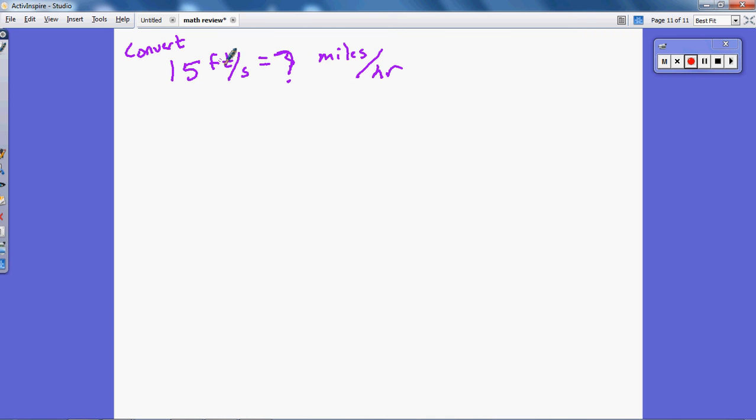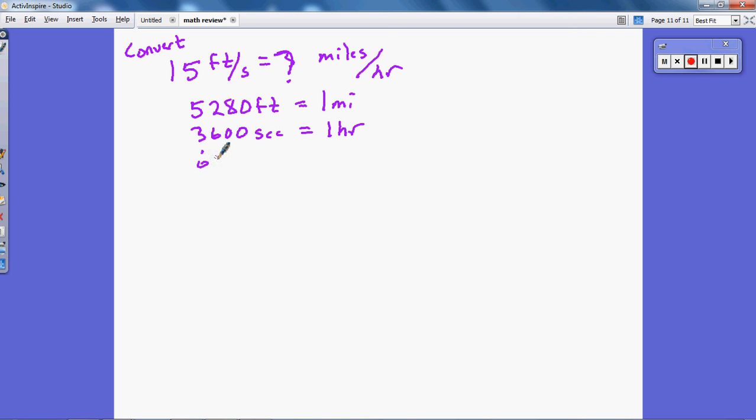We need to get from feet to miles. Well, I know that 5,280 feet is 1 mile. This is again something, if you don't know, you should memorize. And I know that there are 3,600 seconds in 1 hour.